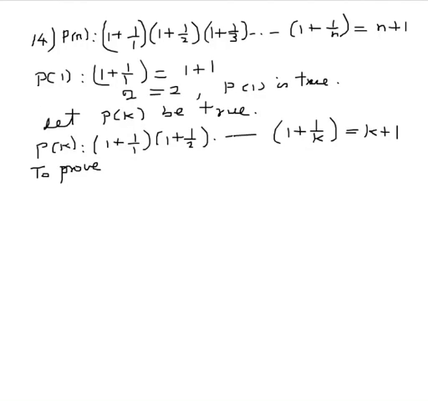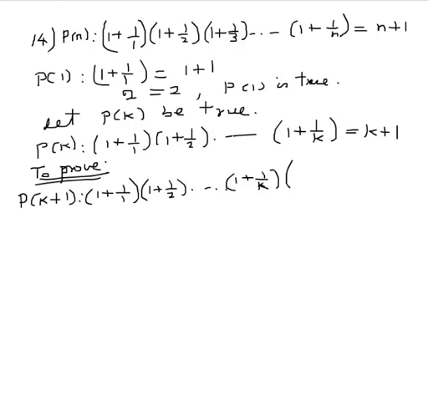Now to prove P of k plus 1, here I have to write product of k plus 1 terms. So 1 plus 1 by 1, 1 plus 1 by 2, kth term is 1 plus 1 by k, and k plus 1th term will be 1 plus 1 by k plus 1, equal to k plus 1 becomes k plus 2. This is the result to be proved.